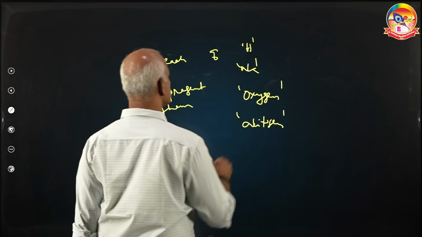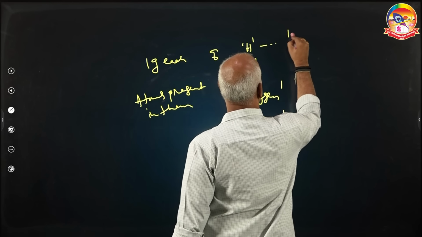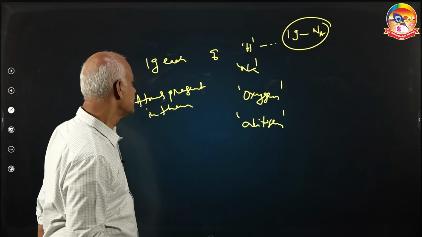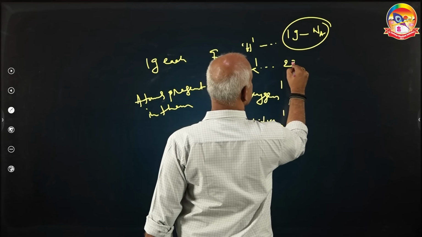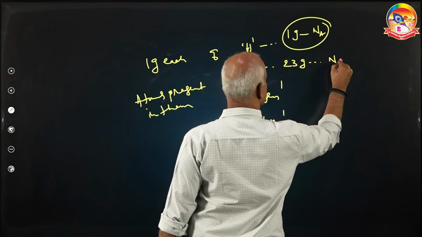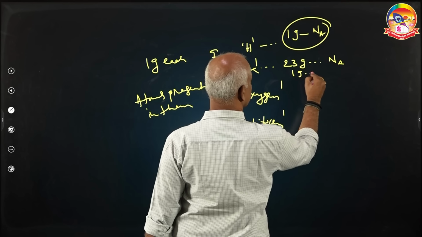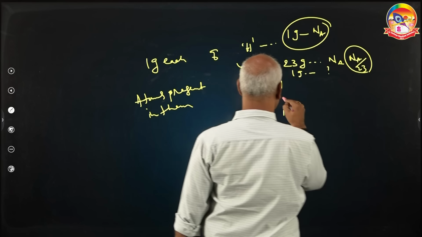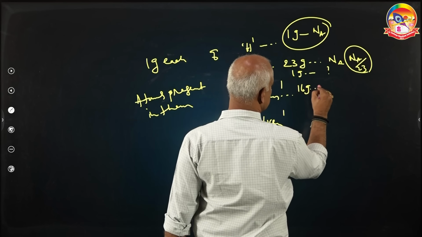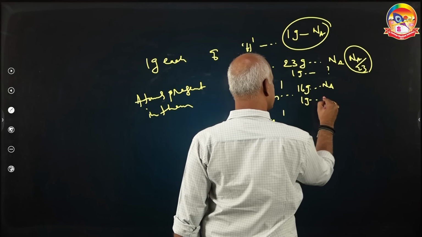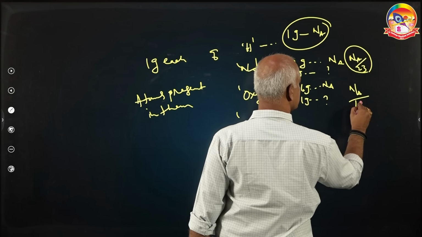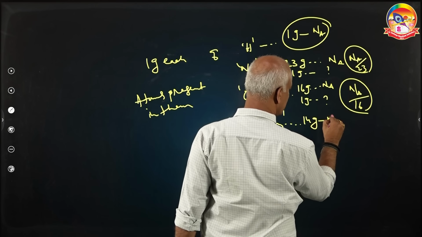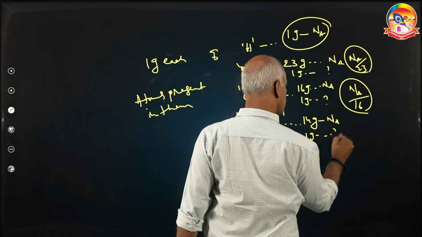Let us say 1 gram Na, because its atomic weight is 1. Sodium, 23 grams Na. 1 gram, how much? Na by 23. Oxygen, 16 grams Na. 1 gram, how much? Na by 16. Nitrogen, 14 grams Na. 1 gram, how much?